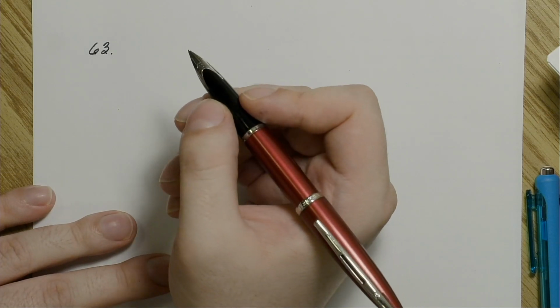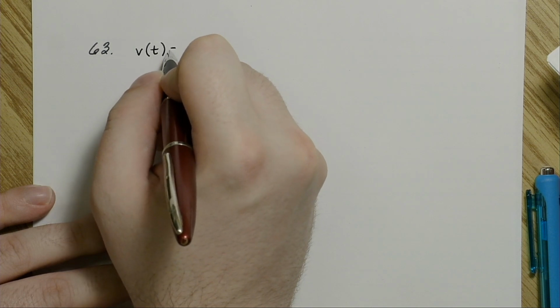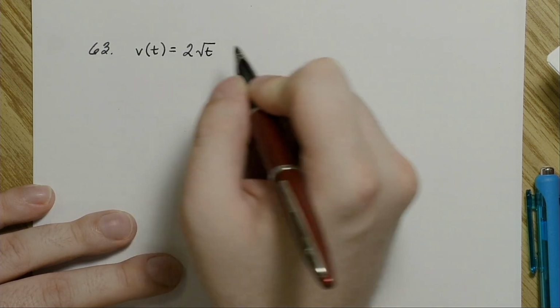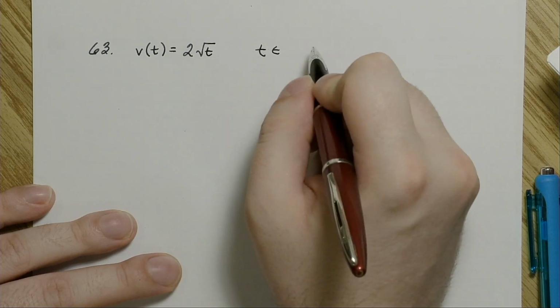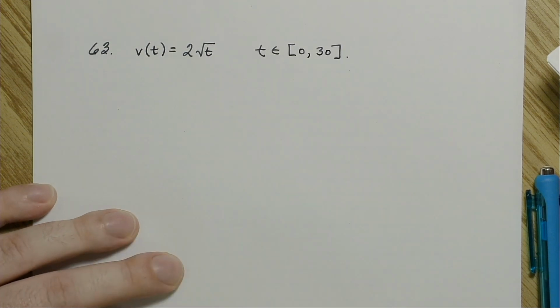Right, the velocity. That's equal to, this is what we're given, the domain from 0 to 30.